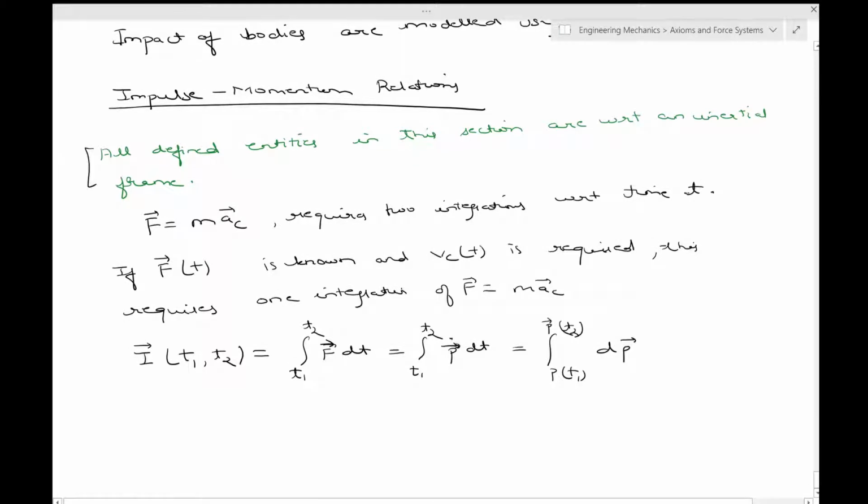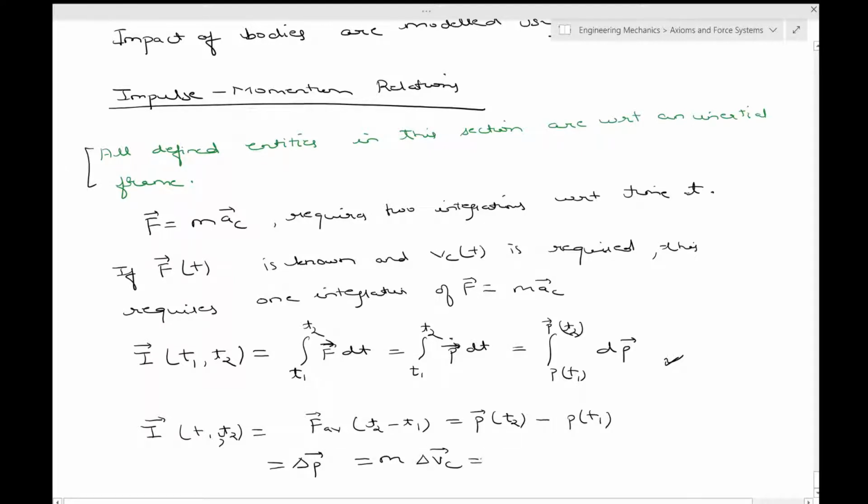Now you want to write this as F average times t2 minus t1 is equal to p of t2 minus p of t1, just by integrating this. Okay, this is written as delta p equal to m into delta Vc, equal to, if you want to write it for the whole body, sum of mi delta Vci.